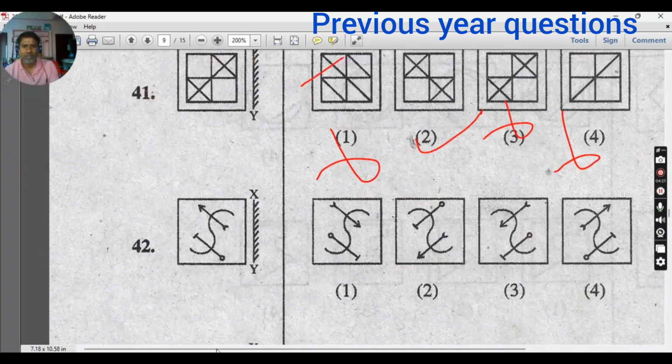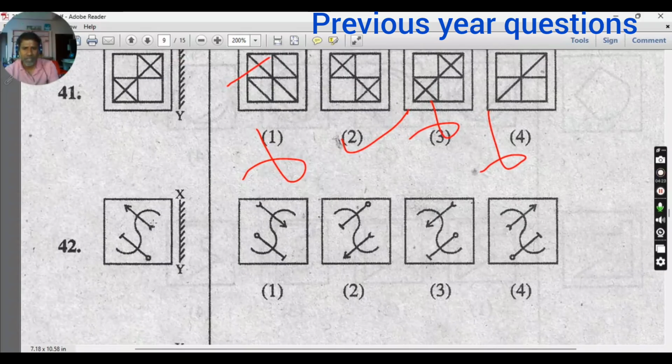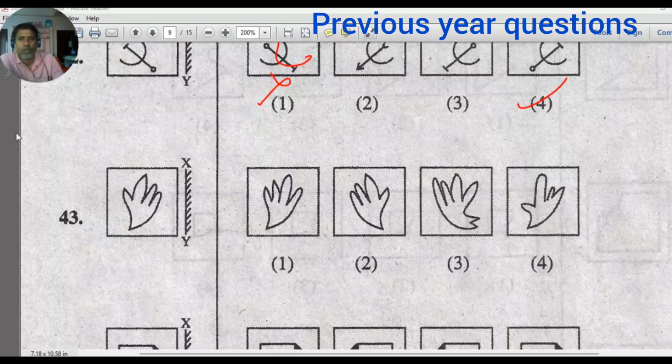Next, when you see this S curve, it will be seen as reverse, it has to look like this, so this is wrong. This S is reverse. You see this arrow is right slanting, so here it has to be left slanting, and it has to be an arrow, this is not an arrow, this is wrong. Here also the arrow tip is not up, this is wrong; arrow tip up, everything, so this is okay.